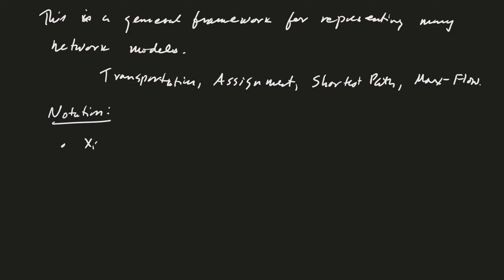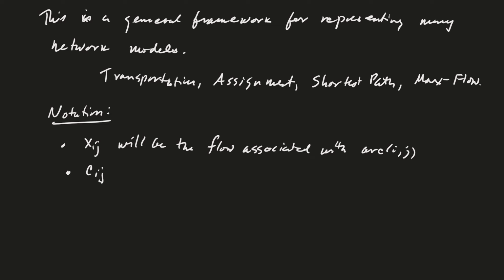First off, xij will be the flow associated with the arc ij, or the edge ij, the arc that moves from node i to node j, if you like. Each edge will also have an associated cost for moving things along that.